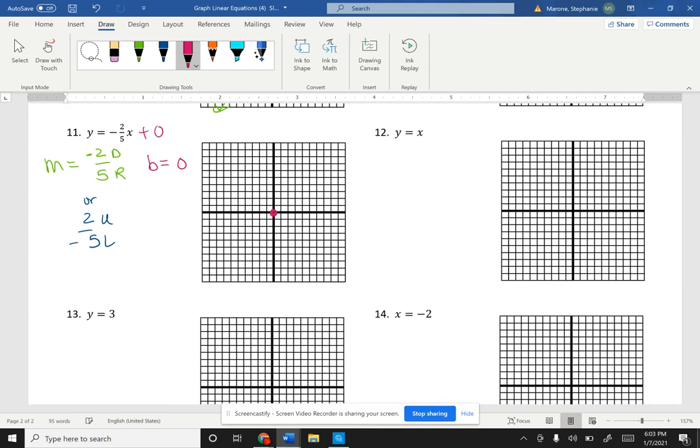There's no y-intercept written, so we're going to make it 0. So down 2 and to the right 5, or up 2 and to the left 5. And we can graph that line. That was horrible, trying to connect the dots.